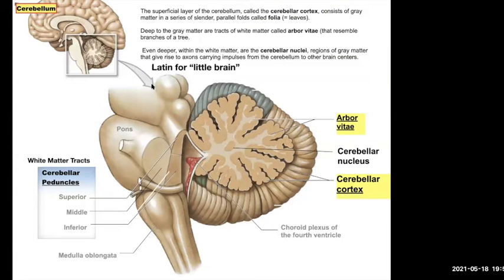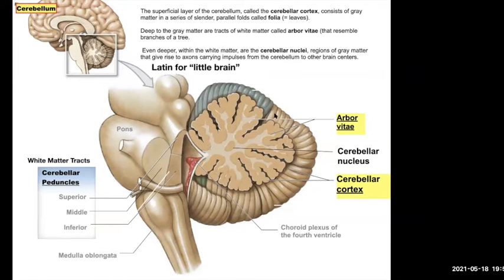So when you look at the cerebellum, you're going to see the cortex area here, just like your cerebrum. You're going to have white matter underneath here. In particular, it's called the arbor vitae. That's the white matter tracts that have this kind of tree-like structure. You'll see that on the cadaver ones. You'll also have a little bit of cerebellar nuclei that are doing some stuff, right?